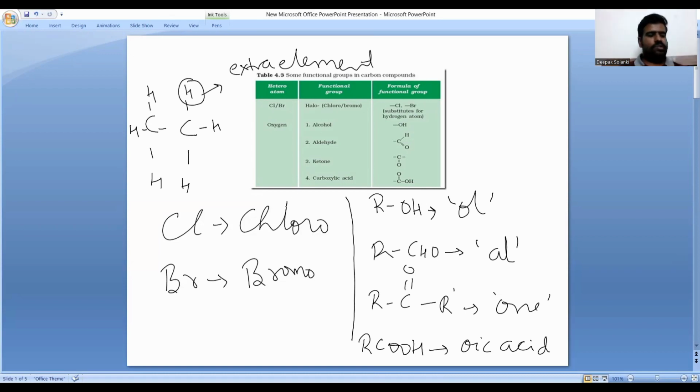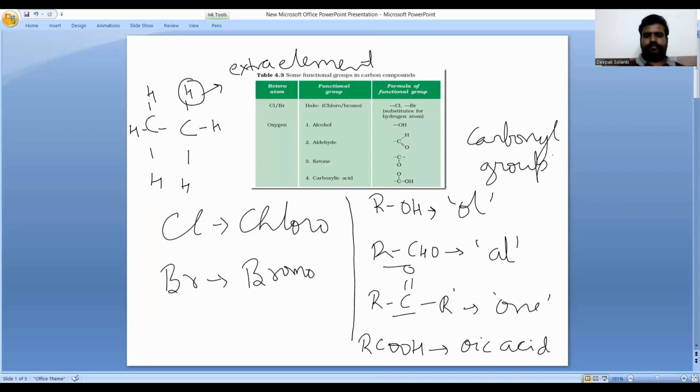The extra element is known as the functional group. It can be chloro, bromo, alcohol, aldehyde, ketone, and carboxylic acid. And you can see in aldehyde and ketone, the carbonyl group, C double bond O, is similar.